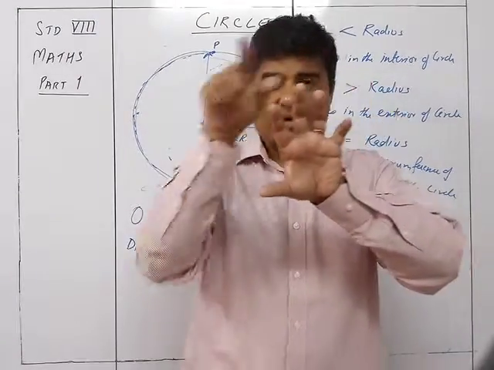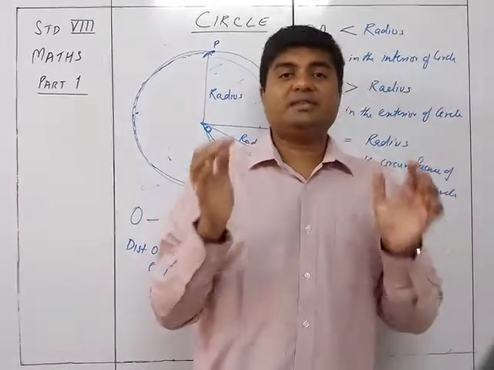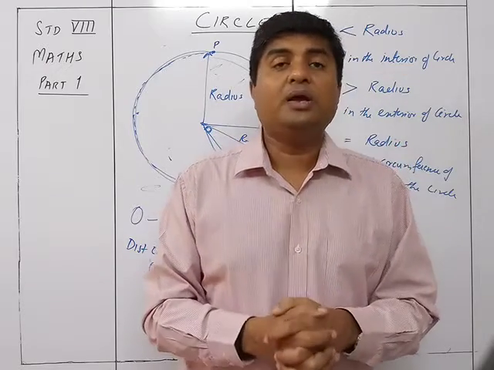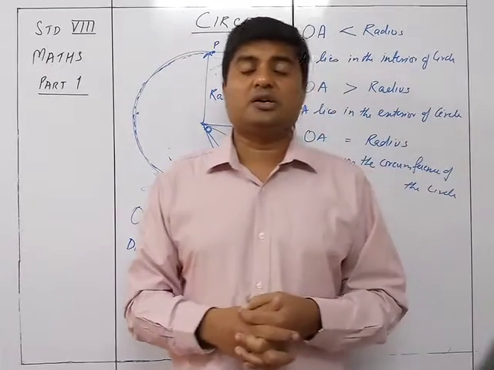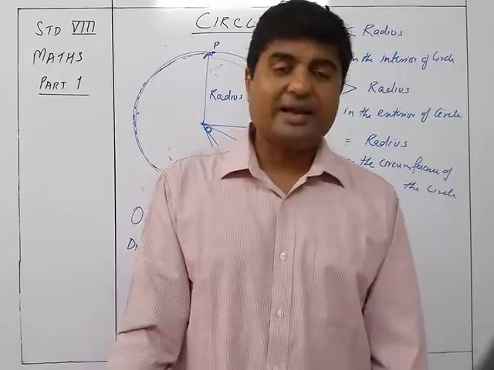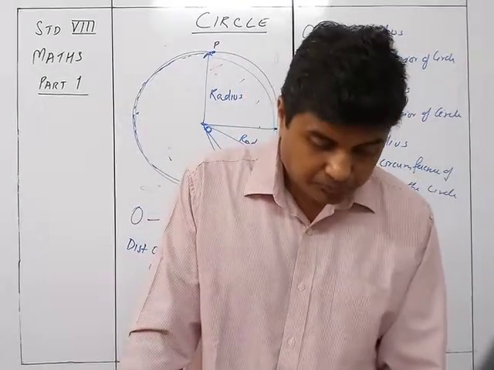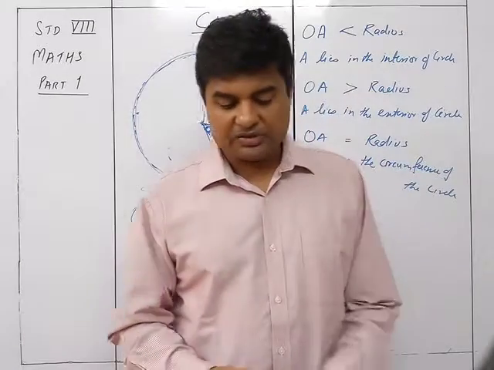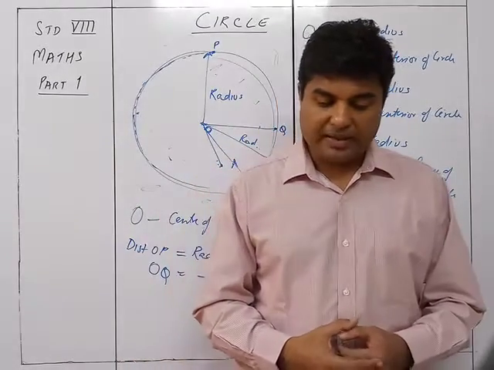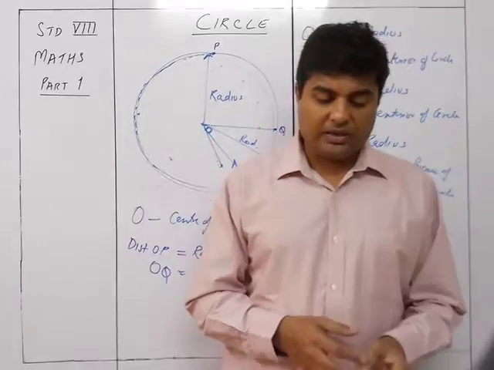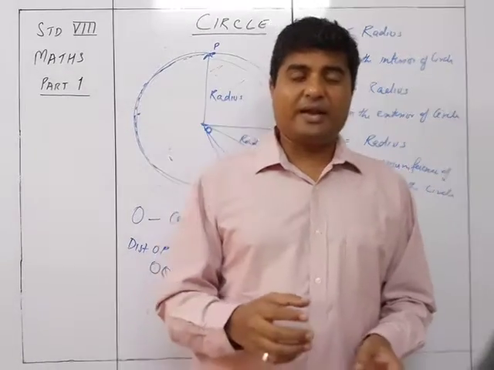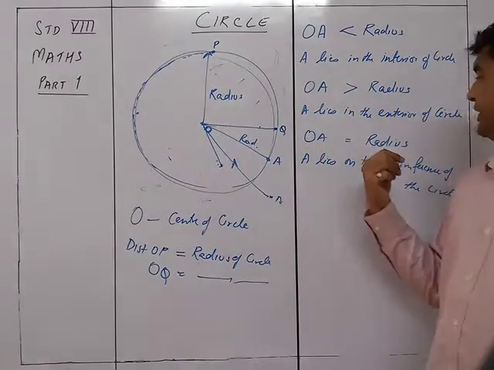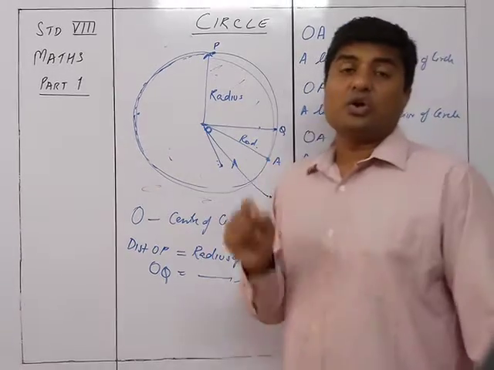The third part, the circle itself, is where all the points are equidistant, equal to the radius. That's why the interior and exterior of the circle are named that way. And if the point is exactly at the radius, then it is the circular region.